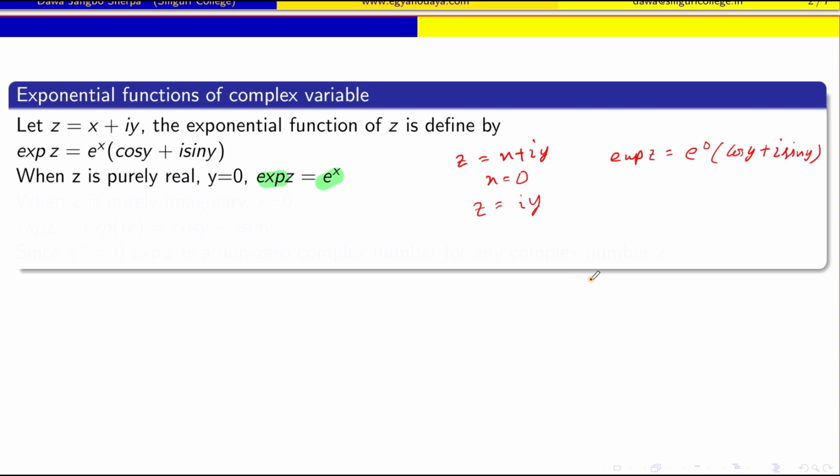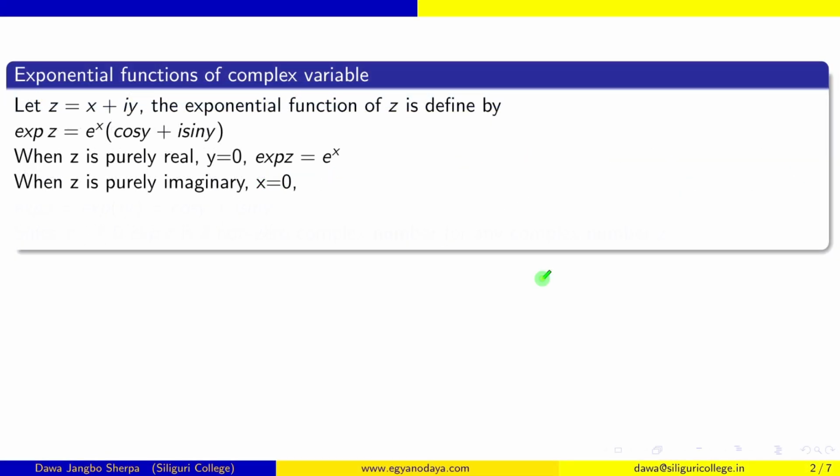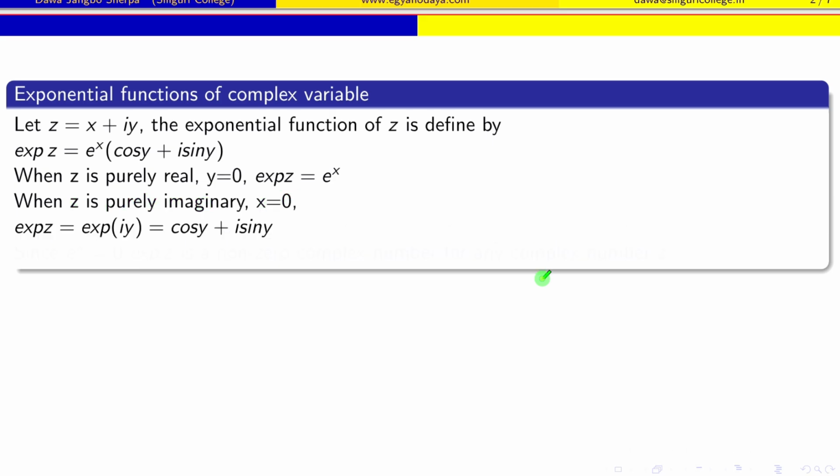So exp z will be equal to cos y plus i sin y. So when z is purely imaginary, the real part x is 0, and the exponential of z, that means exp iy, will be cos y plus i sin y. That can also be written as e to the power iy is equal to cos y plus i sin y.